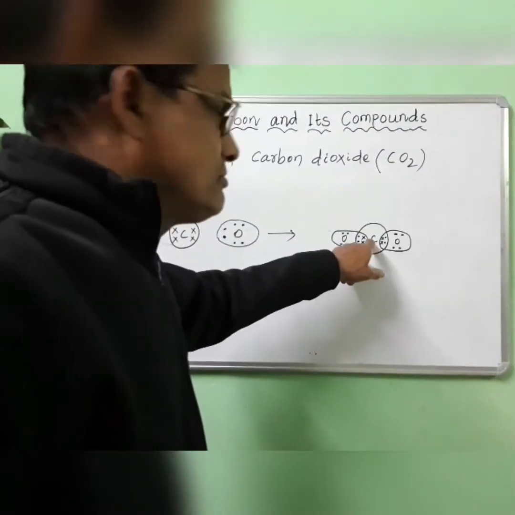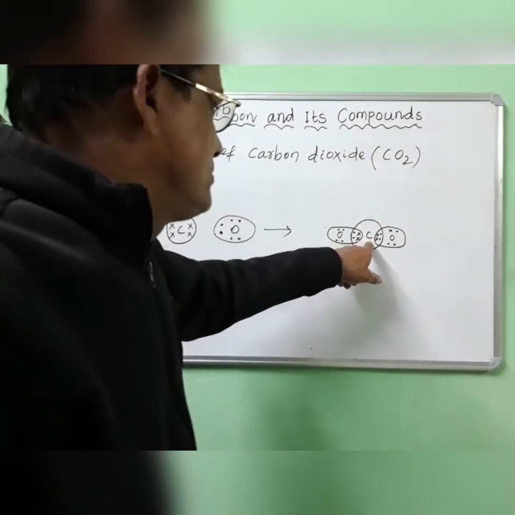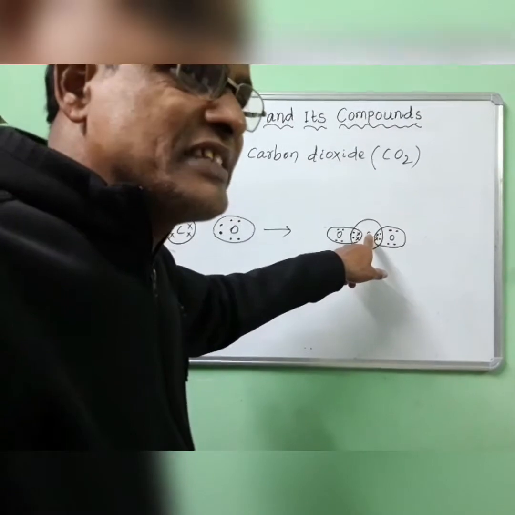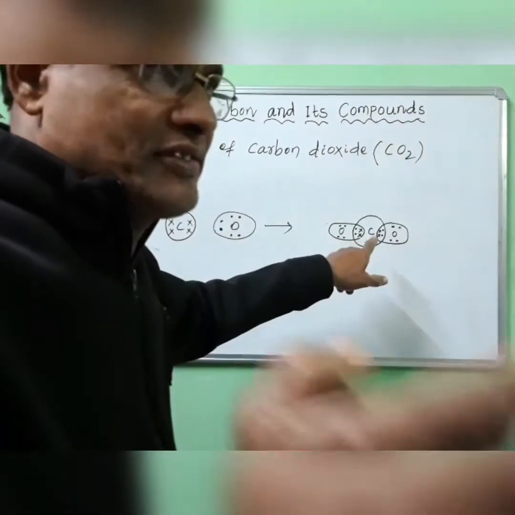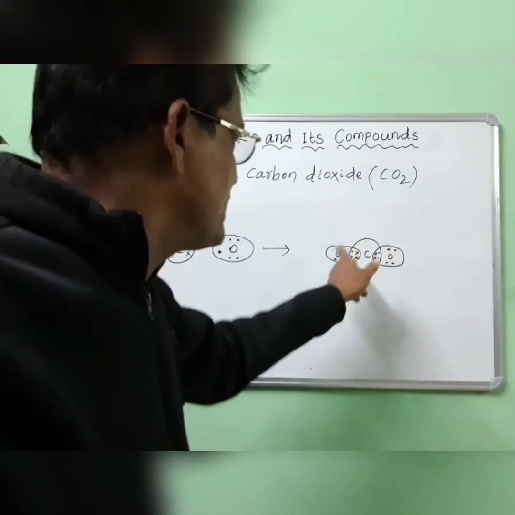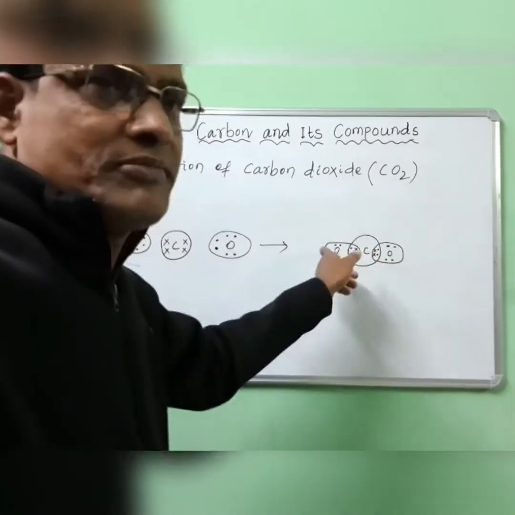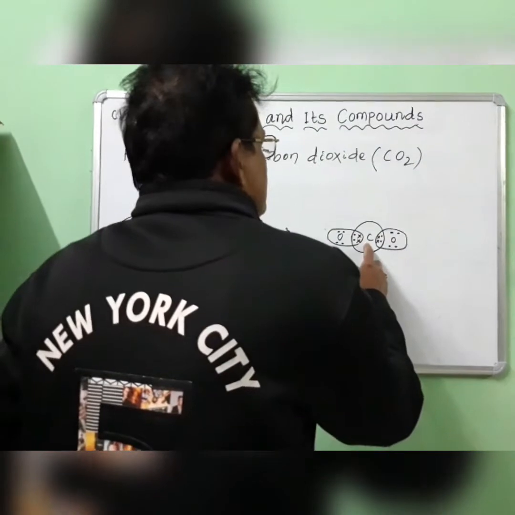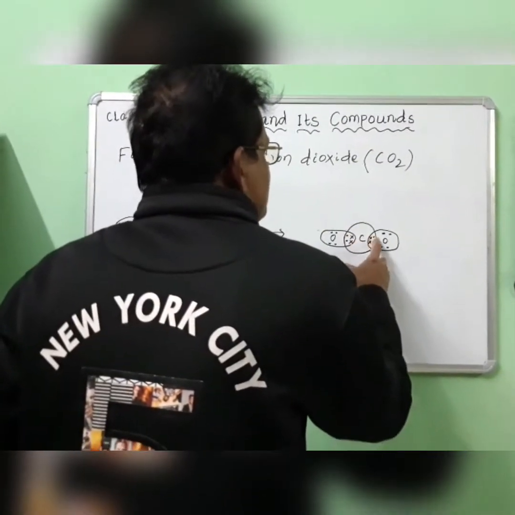So here the carbon atom shares its 4 electrons, individually 2 electrons with 2 different oxygen atoms, to become octet. Let's see, carbon has 8 electrons, 1, 2, 3, 4, 5, 6, 7, 8.